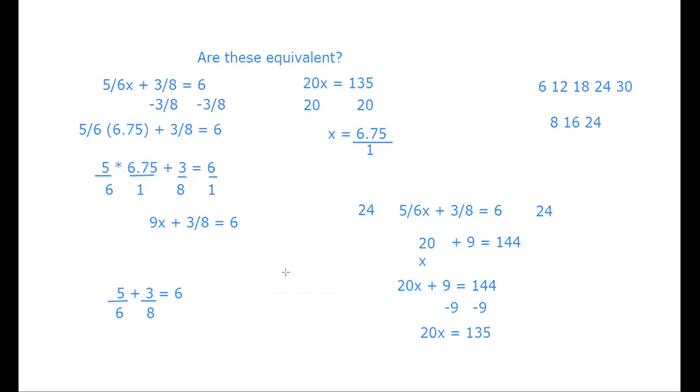How am I going to add those fractions together when they don't have the same denominator? This is where the multiples come in. If I take 6 times 2 times 3 times 4, that gets me to 24.